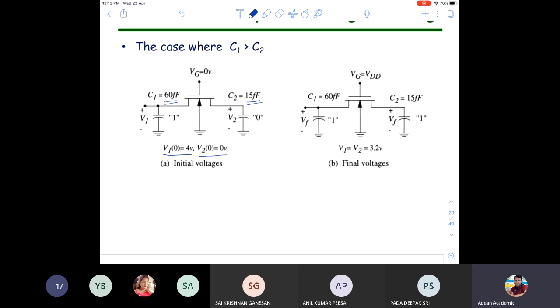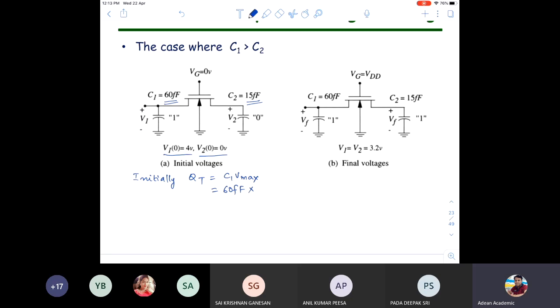We have already found out that the total charge initially, Qt, is equal to C1 into Vmax. This is 60 femtofarads into Vmax.